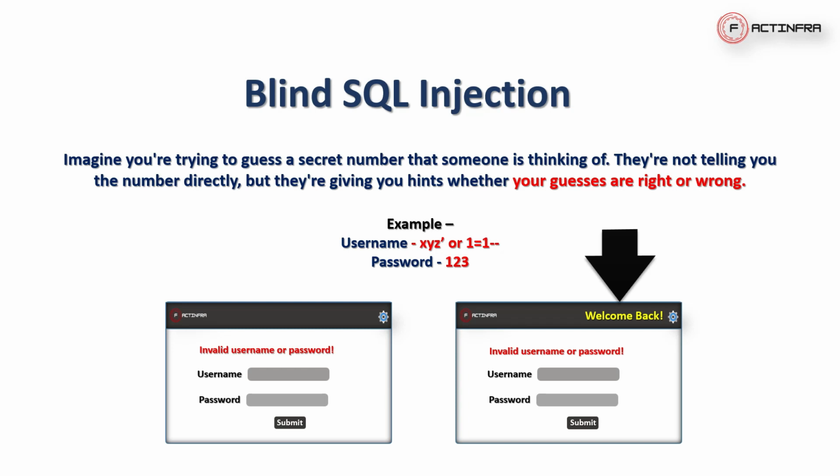This vulnerable web application is showing something different, not a direct response from the database like an error or a direct result, but something like a welcome back message. So we can try to guess, and we can guess this is blind SQL injection.